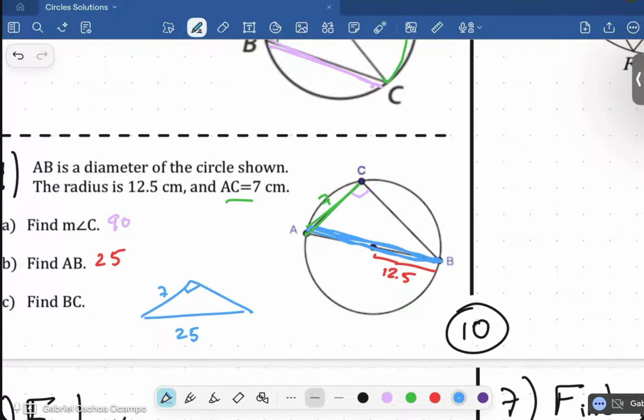7. Is this a right angle? And I want to find BC, so I need to do 25 squared equals 7 squared plus x squared.